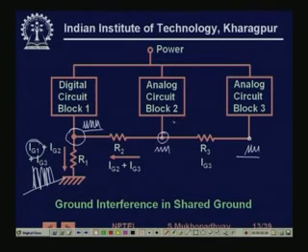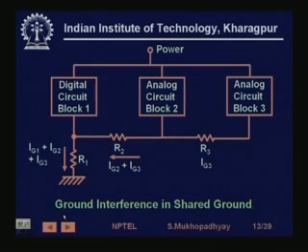So at all the analog circuit grounds you are going to have an oscillating ground potential, which, if you are making a single-ended measurement, is going to induce noise. So this is the basic problem of sharing a ground.